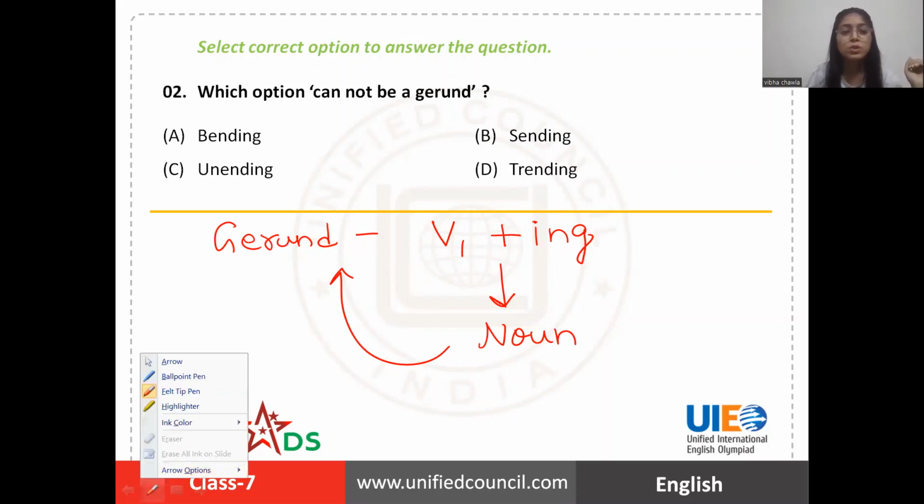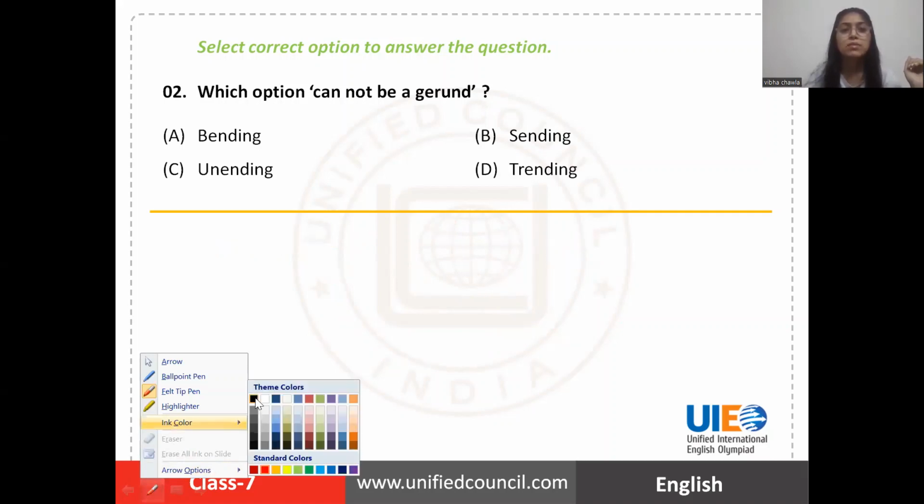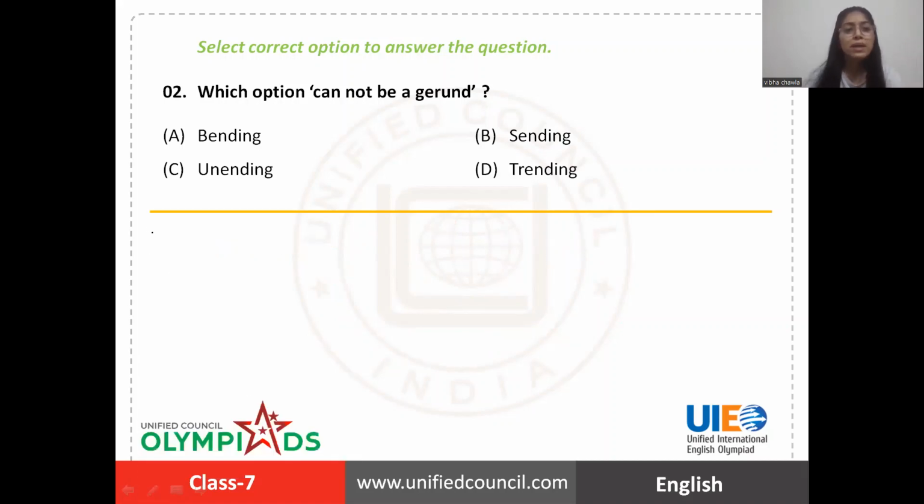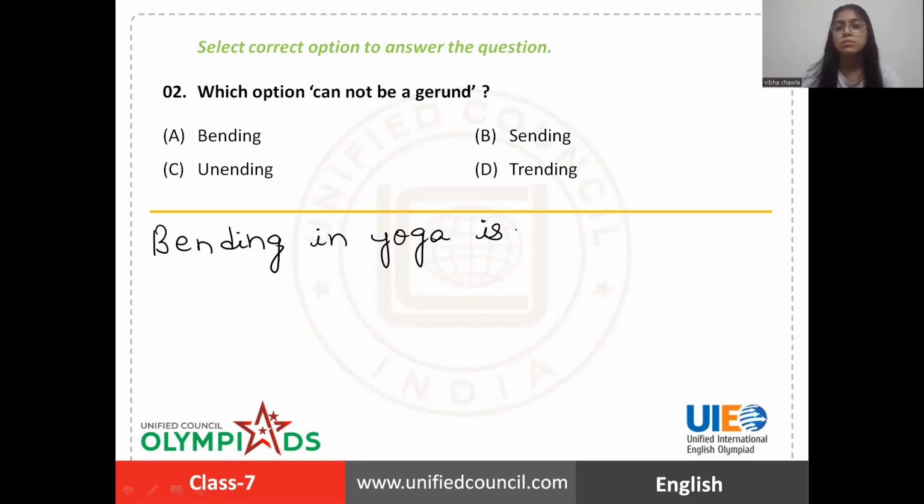Let's have a look at all the options one by one. First one is bending. So bending can be a gerund. You can use it as a noun. For example, bending in yoga is essential for flexibility.